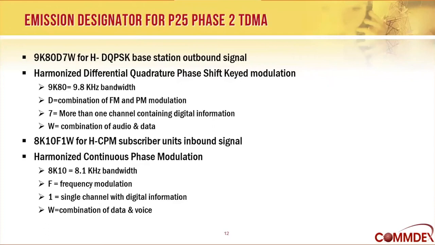The 1 again means it carries a single channel with digital information. And the W means it's a combination of data and voice. So remember on the TDMA, it's the outbound side that's doing the TDMA.